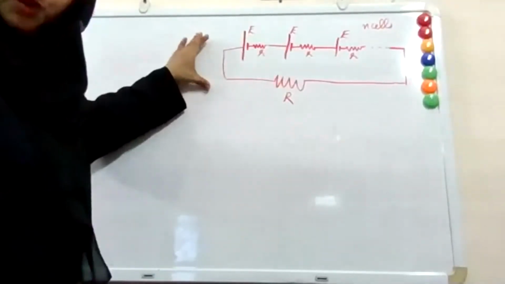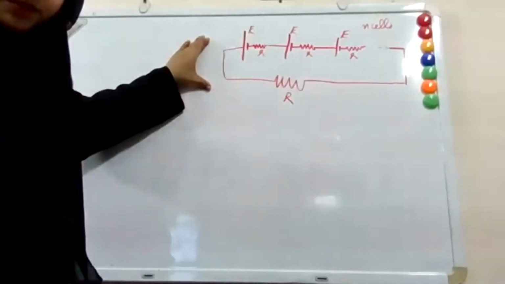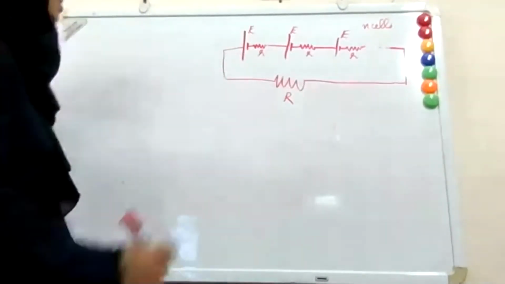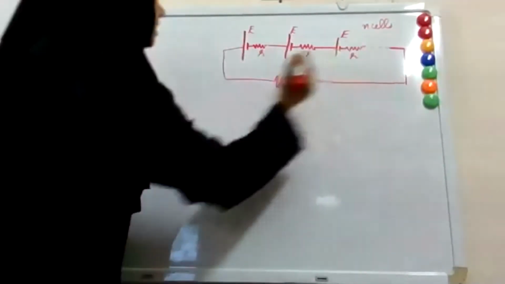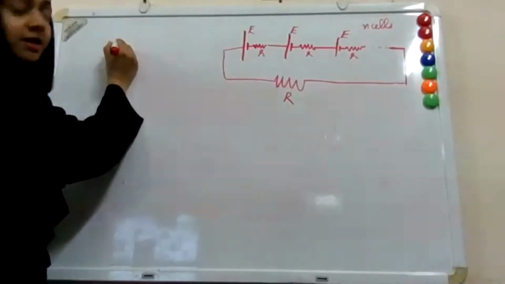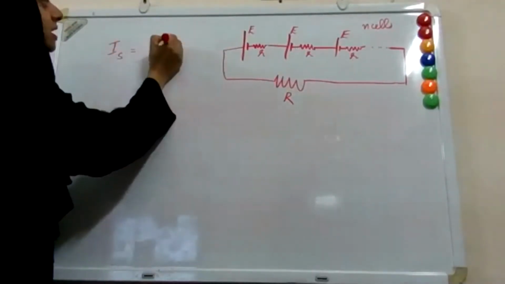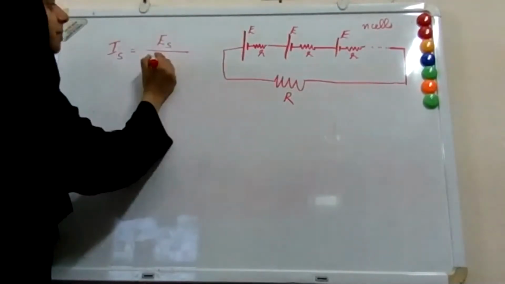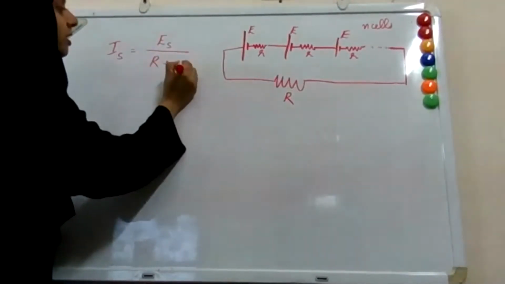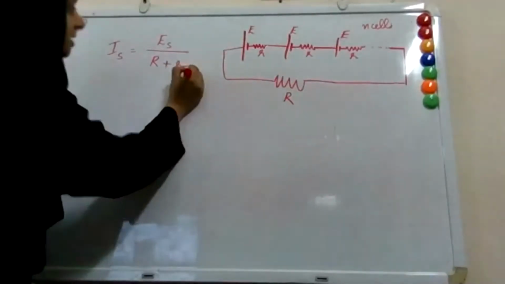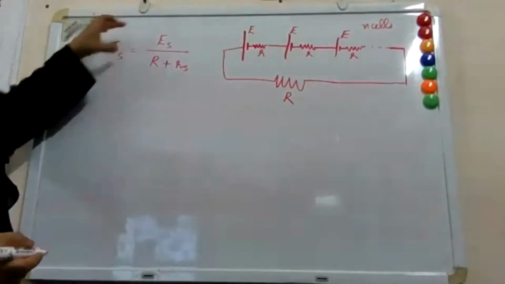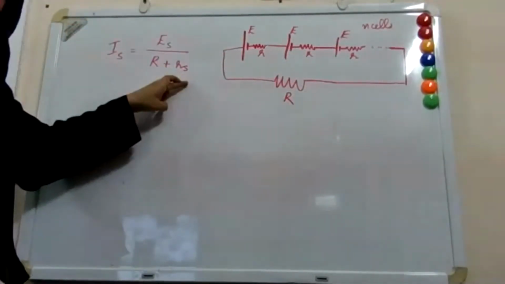Is this clear to you, this circuit? Yes, teacher. So, due to this connection, the total current I_S will be equal to E_S divided by R plus small r. You learned yesterday I is equal to E by R plus r, right?